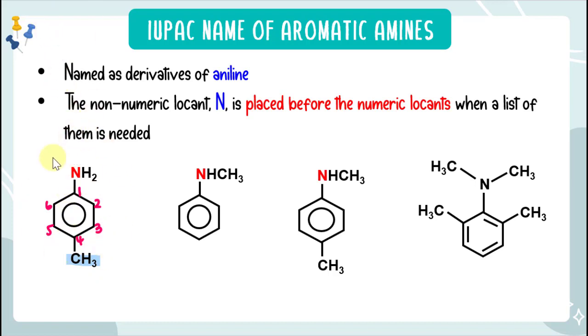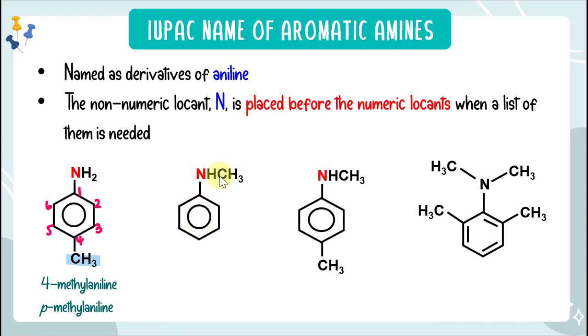So the IUPAC name for this structure is 4-methylaniline, or if you want to use the ortho, meta, para prefix, since the substituent is on the first and fourth carbon of benzene, we can use para as our prefix: para-methylaniline.